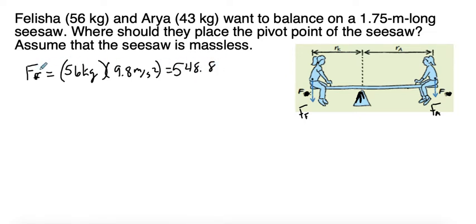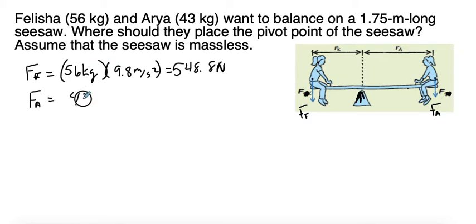The forces are measured in newtons here. Now let's do the force of Araya. The reason we're doing forces here is that torque is going to be force times the radius, and in the problem we're really trying to find the radius of the left and the radius of the right to figure out where that fulcrum is going to be.